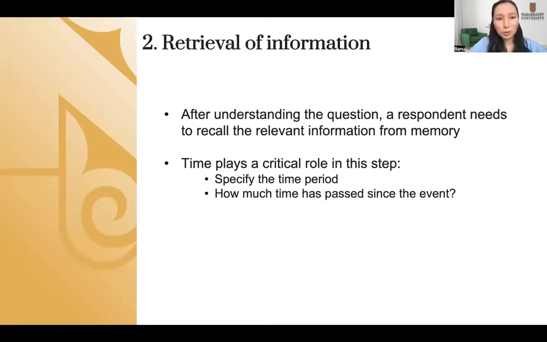Second is retrieval of information. So after the respondent has understood the question, he or she needs to recall the relevant information from the memory. They have to search their memory and find the necessary information. And at this stage, time plays a critical role.